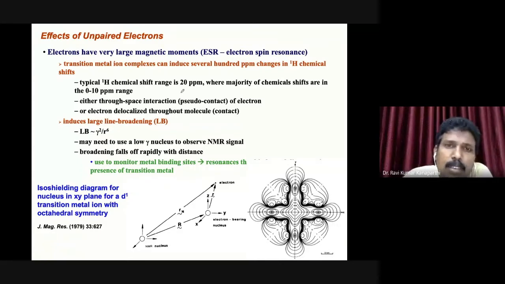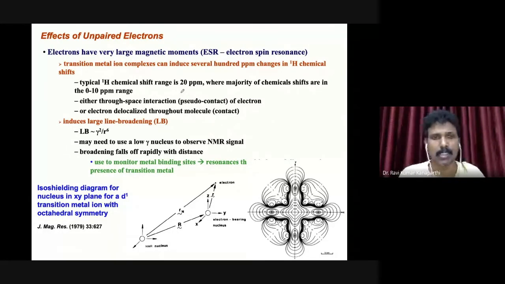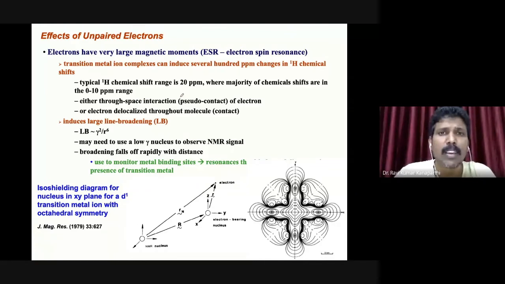It's not confined to only 20 ppm, it will go even beyond 20 ppm. That's the problem. So we don't see such an effect in our routine experiment while recording proton NMR. If you are recording carbon-13, perhaps you can find such a result.